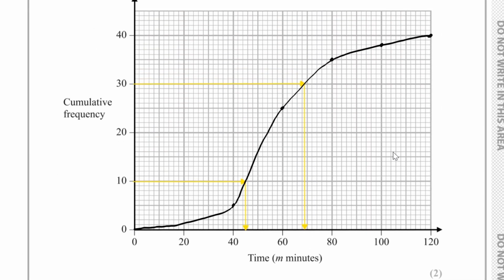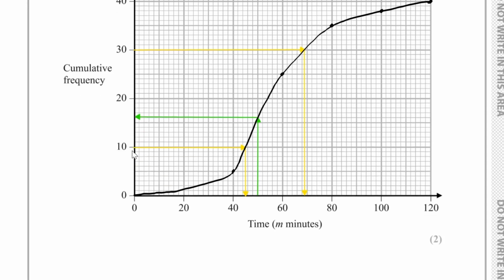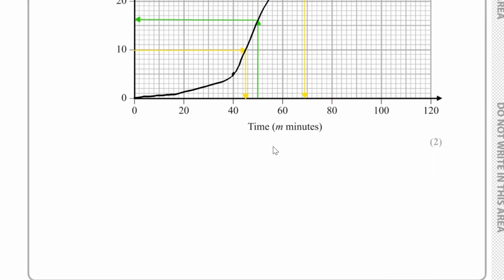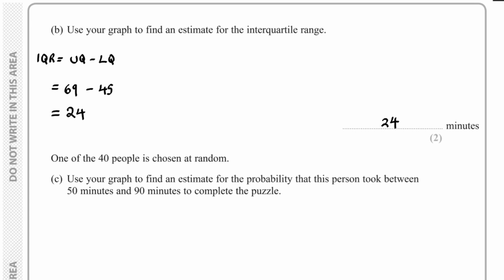So 50 minutes, that's here, and drawing a line up and then drawing a horizontal line across, you can see here we've got 16 who took 50 minutes or less. So we've got here 16.